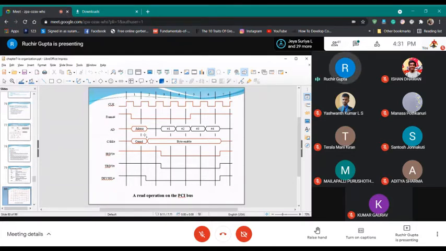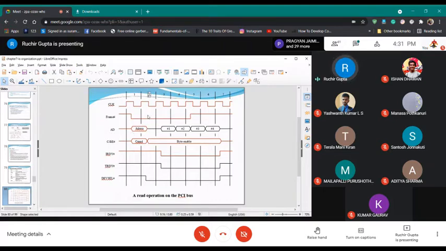At the same time, it sends the address on the AD lines and a command on the CBE lines, right? Because it's a read operation, this command will indicate that it is a read operation. Is it okay? So this all is happening in cycle 1.